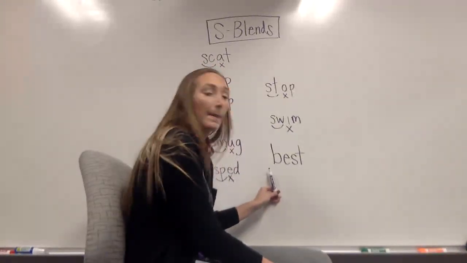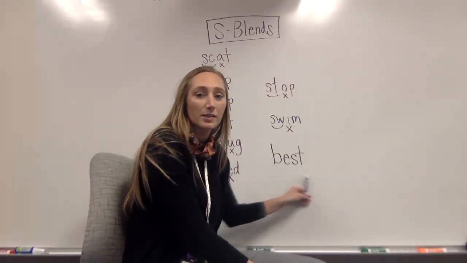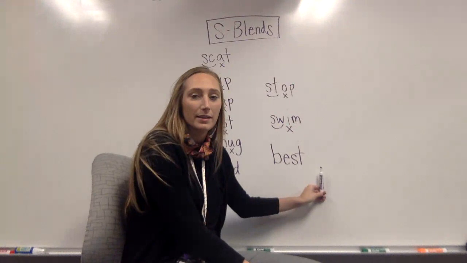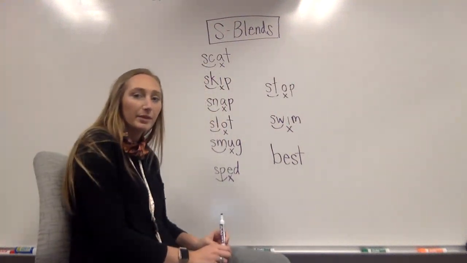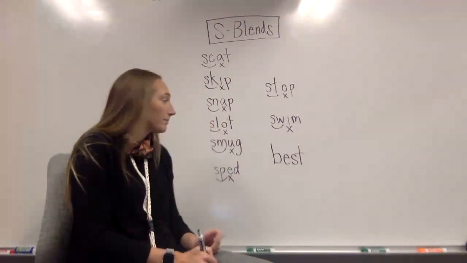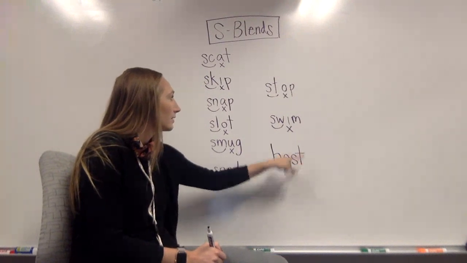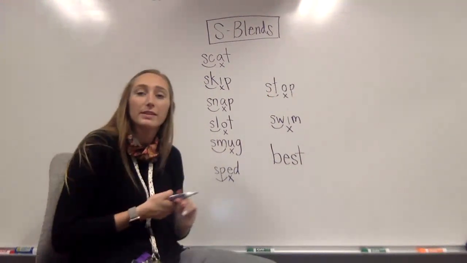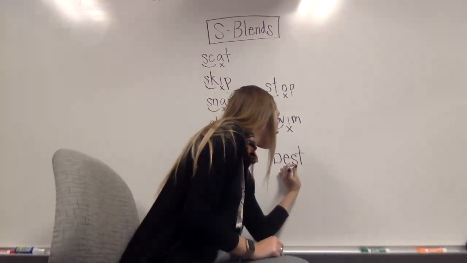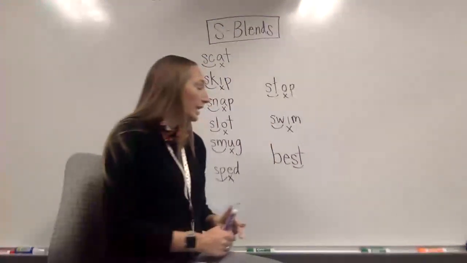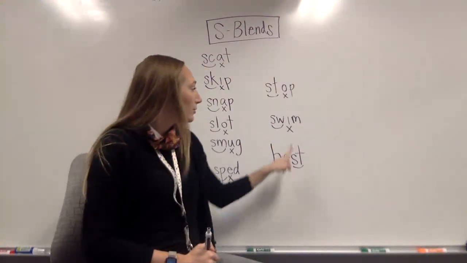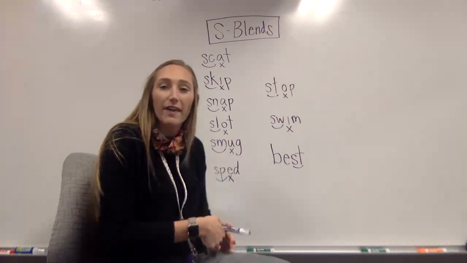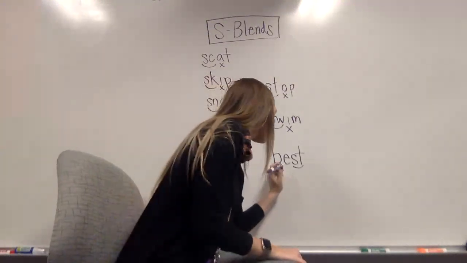I hope that you came up with the word best. Best. Do you notice a blend? I noticed the ST blend, so I need to put an arc underneath it. And same as normal, you will just put an X underneath the vowel in the word.